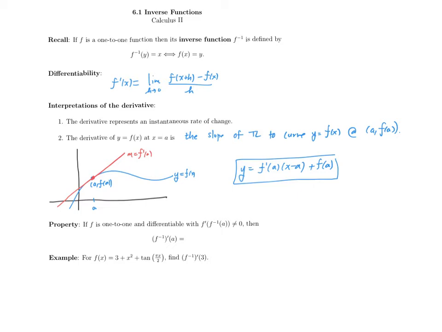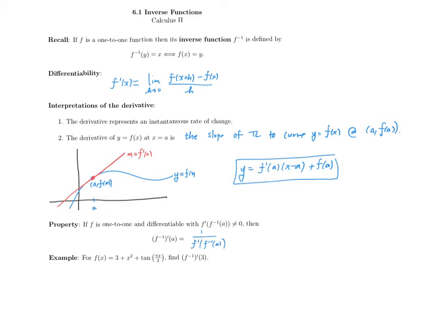But it turns out that what we can write down a nice convenient formula for is the derivative of the inverse function at a specific value a. And the formula that we have is the derivative of f inverse at a is 1 over f prime of f inverse of a.